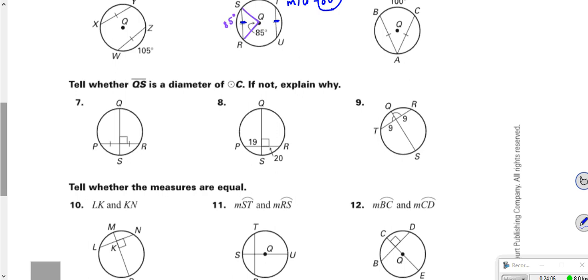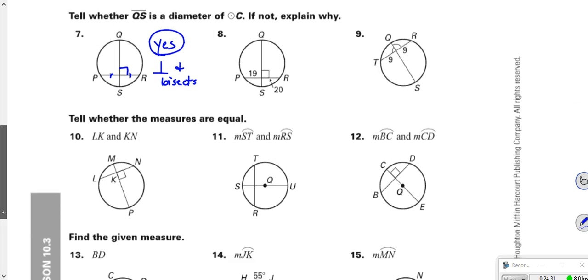That is theorem 4. Okay, so I think we could agree that this is a perpendicular bisector. Okay, so I would say yes, it is both perpendicular and it bisects. They didn't really ask for the explanation if it doesn't, but I did it anyway.